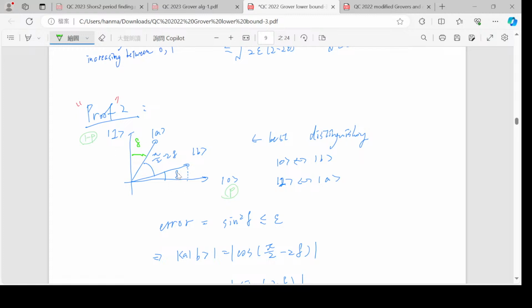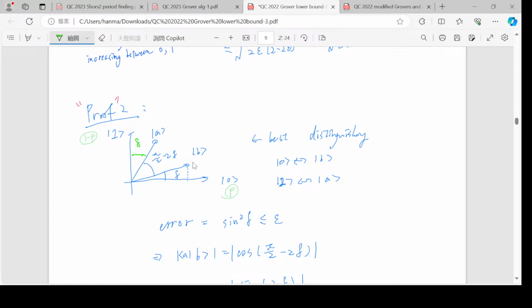Because B is closer to 0, so when you do this 0, 1 measurement, if you input B, you are more likely to get 0, and if you input A, you are more likely to get 1. Okay, so what is the error probability here?